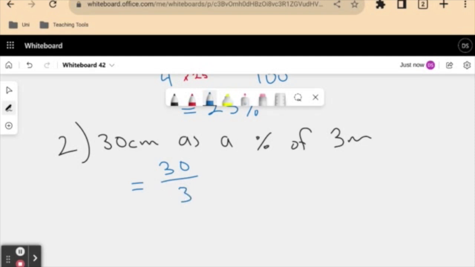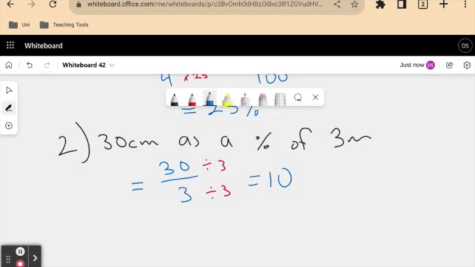So 3 is a common factor in both of these. So I can divide numerator and denominator by 3. And that gives me 10 over 1, or just 10.